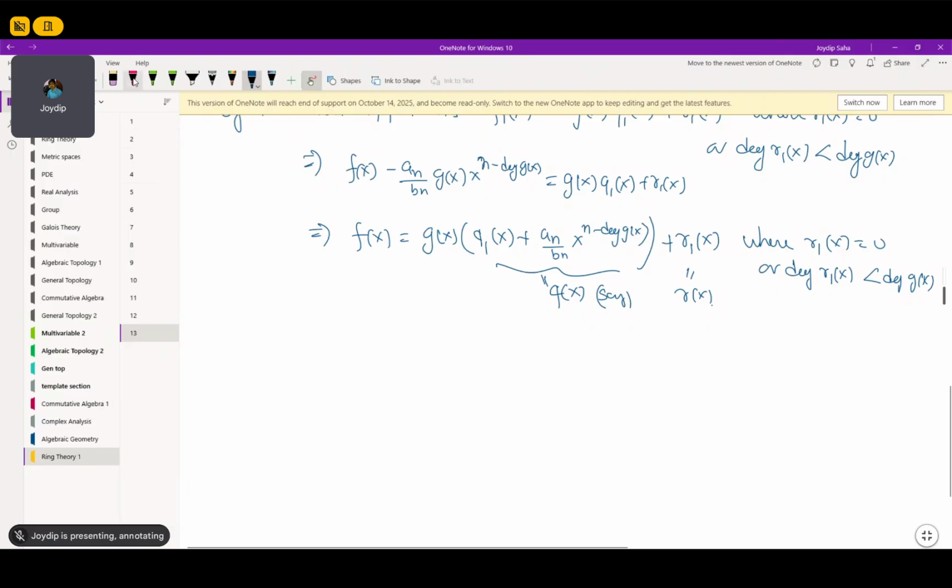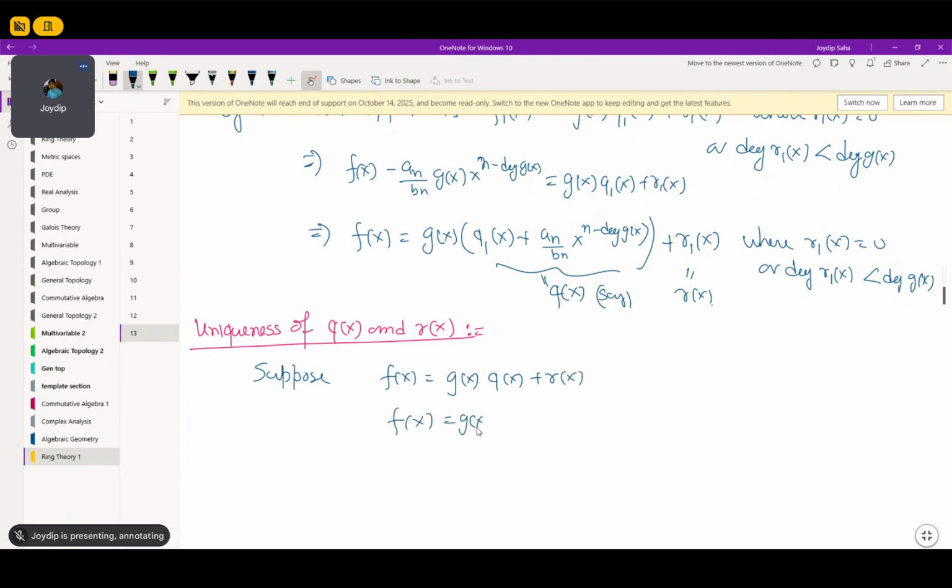Now uniqueness of q(x) and r(x). Suppose f(x) has two expressions: g(x)q(x) plus r(x), and f(x) equals g(x)q1(x) plus r1(x), where r(x) equals 0 or degree r(x) is less than degree g(x).